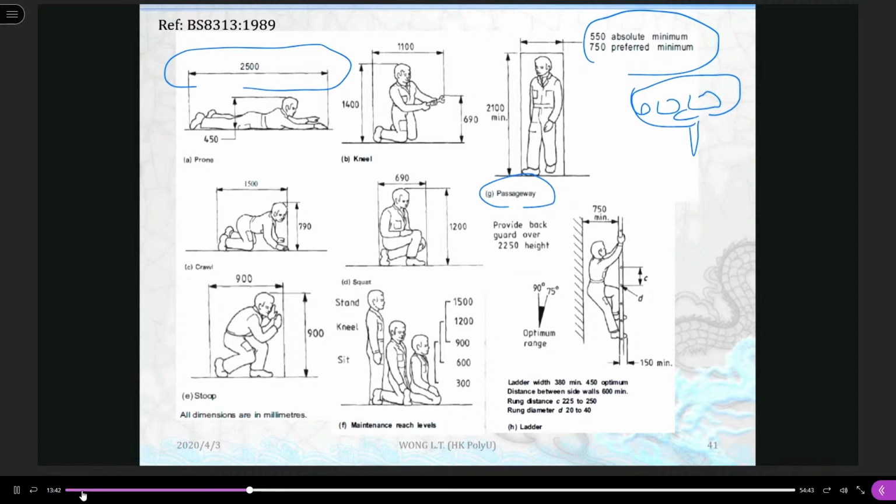That's the reason why, for example, for local practice talking about the fire service access, there's a minimum clear height of 2.1 meter from the floor finishing level up to the lower part of the sprinkler heads, which has to be maintained for the fire escape route for those who access. This is related to ergonomics.